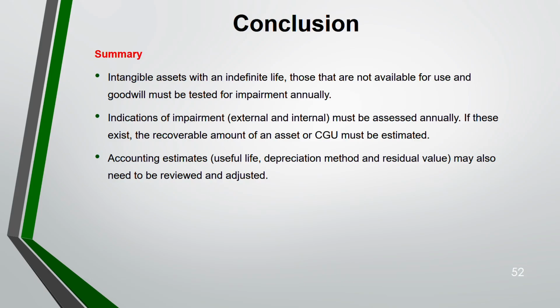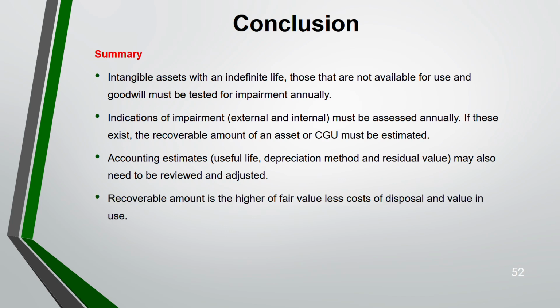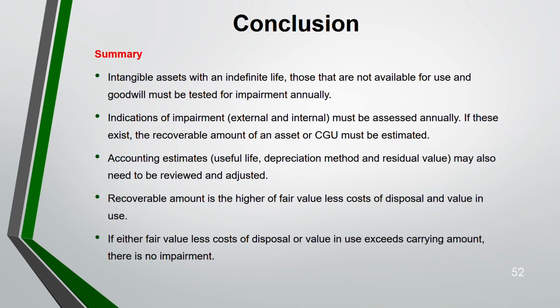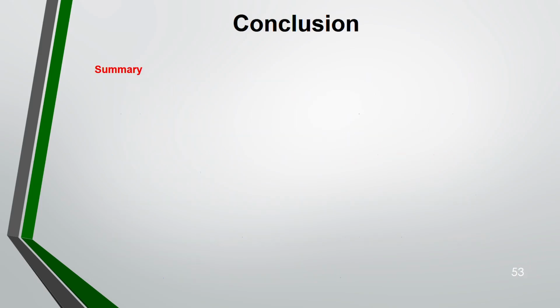Your accounting estimates, useful life, depreciation method, residual value, these are all accounting estimates. These also you have to review if there's an indication of impairment. Recoverable amount is the higher of fair value less cost to sell and value in use. If your fair value less cost of disposal or value in use is more than the carrying amount, there is no impairment. Fair value is dealt with according to IFRS 13.